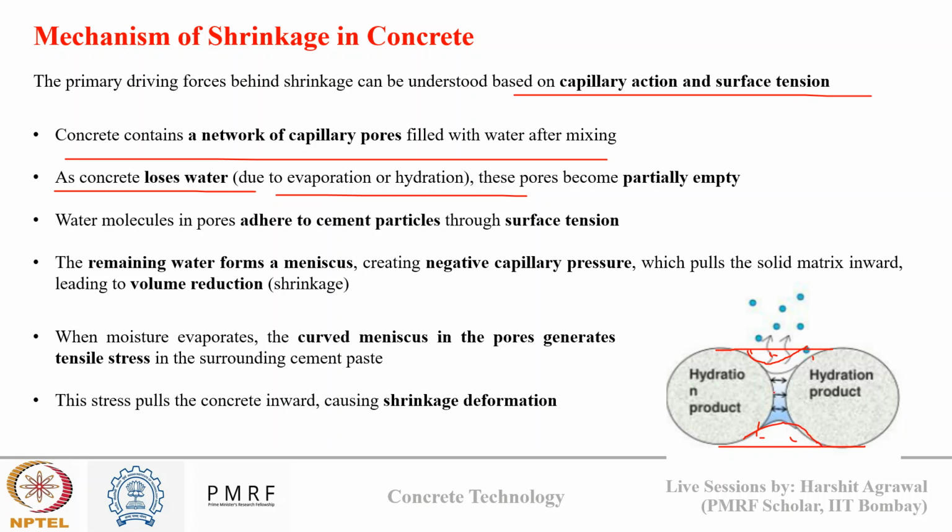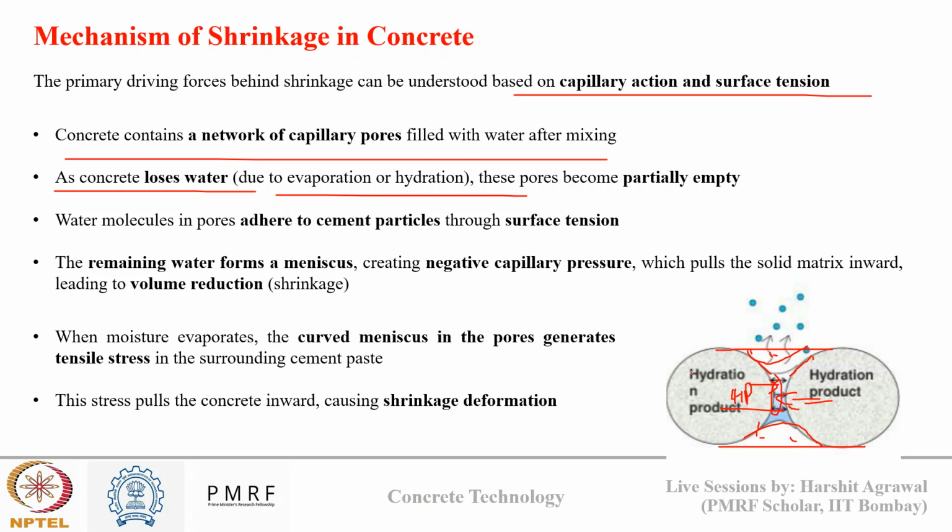These water molecules adhere to the hydration product surface through surface tension and form a meniscus. This meniscus tries to pull the hydration products towards each other, and it generates tensile stress on hydration products. This inward pressure acting on the hydration product causes shrinkage in concrete.